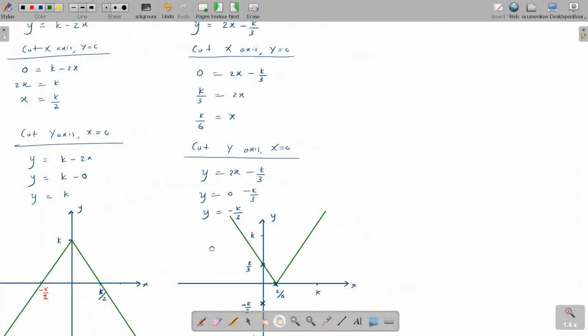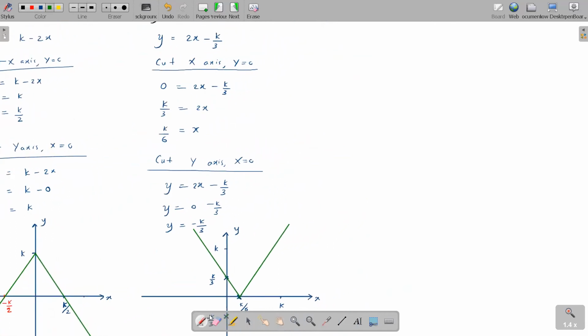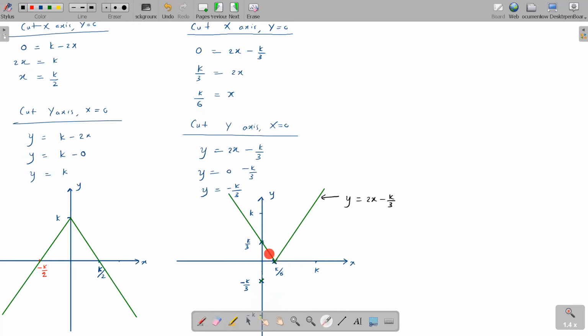So the graph that we originally drew here was the line with the equation y equals 2x minus k over 3. This is the original line we drew. And I think you can see that a moment ago I reflected this line; the part below was reflected up.